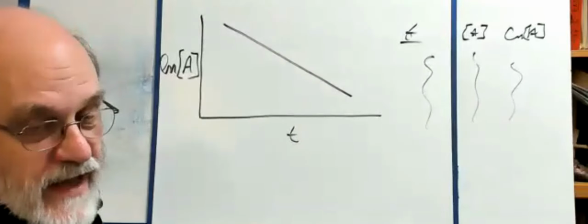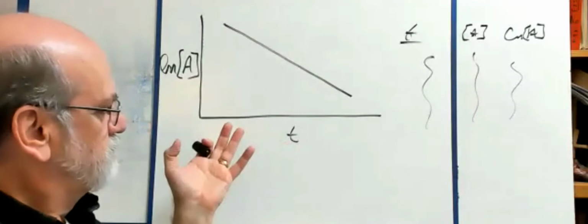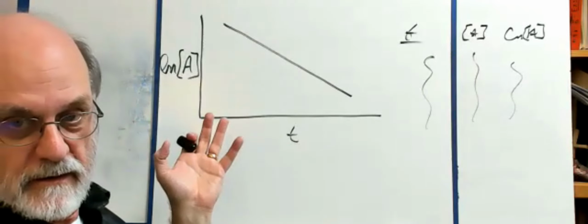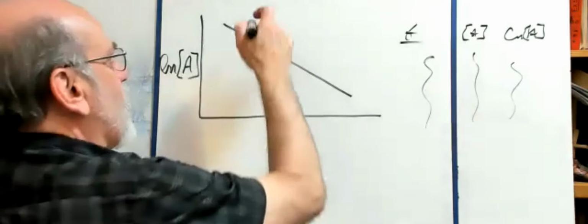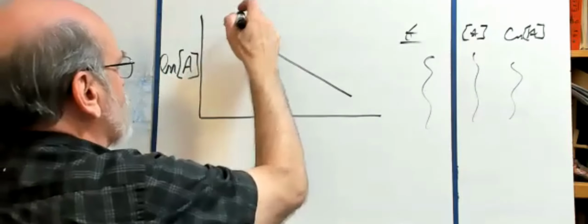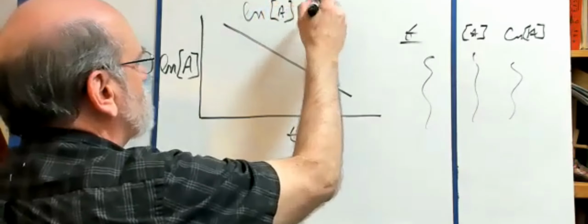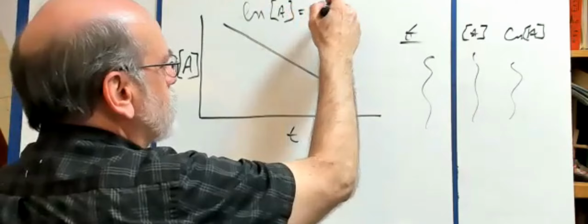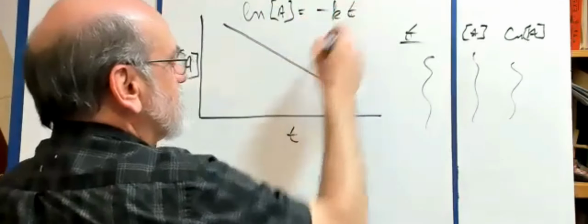So all straight lines have a fairly uniform equation based upon the data points. And we would get something like this value, and that would be equal to minus kt, right?